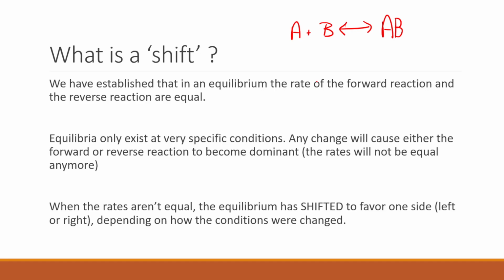If I change the temperature, the pressure, the concentration of any of these pieces, I am going to cause one side to become more dominant. Either the creation of AB will speed up, or the breaking down, the decomposition of AB will speed up. And it will not be in equilibrium anymore. It will be unbalanced. The rate of one side will be faster than the rate of the other.